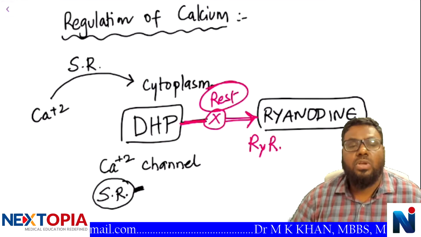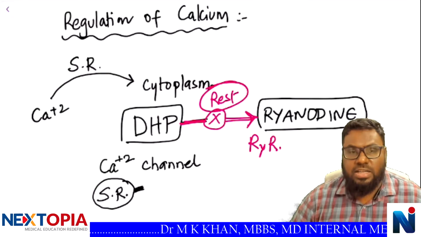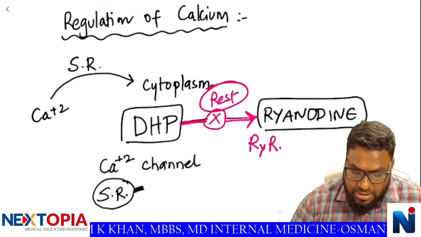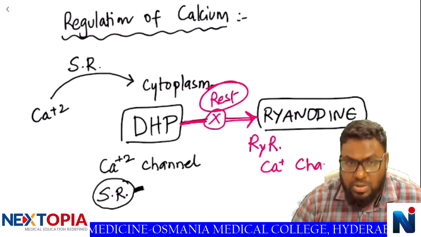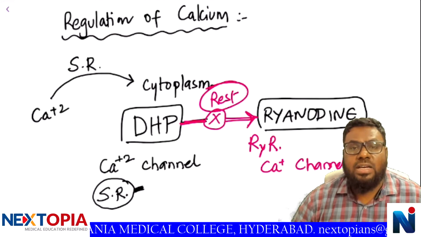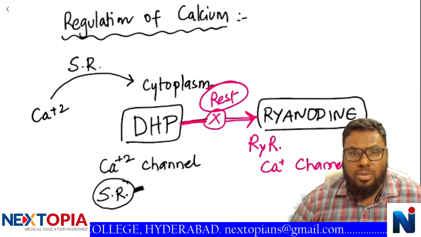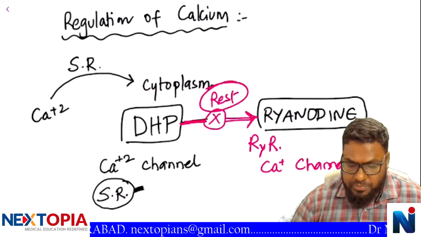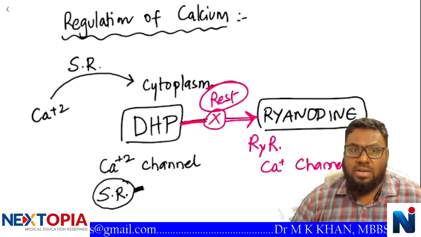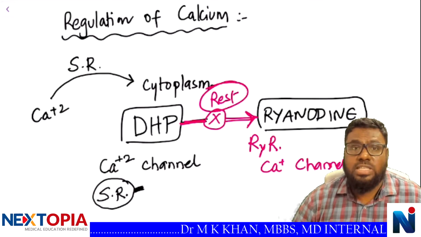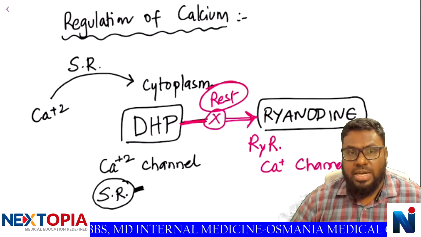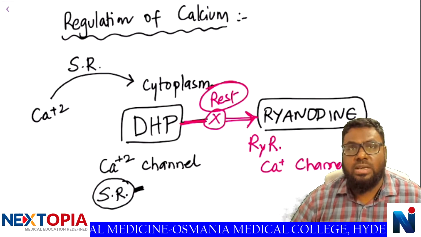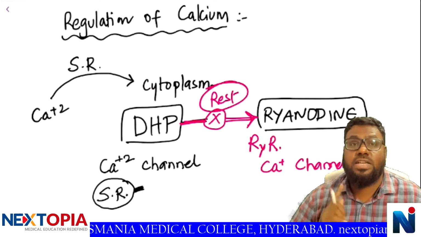What is the function of the ryanodine receptor? Let us try to understand. Ryanodine receptor is a calcium channel. Please remember that dihydropyridine is also a voltage-gated calcium channel, but it is not causing any movement of calcium through it; it is functioning as a voltage-sensitive receptor.